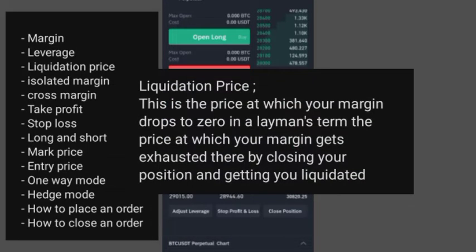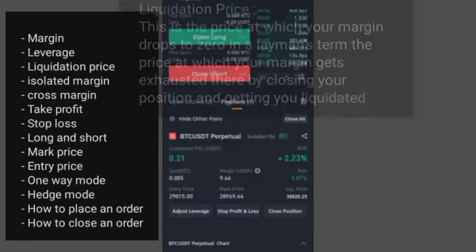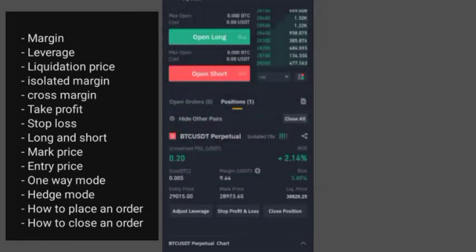Now, the liquidation price. The liquidation price is the price at which your margin drops to zero. In layman's terms, it means the price at which your margin is exhausted, getting you bankrupt or rather closing your position on the market. This is the liquidation price. It means that if the market price here falls or increases to 38.20, this margin will be liquidated automatically.